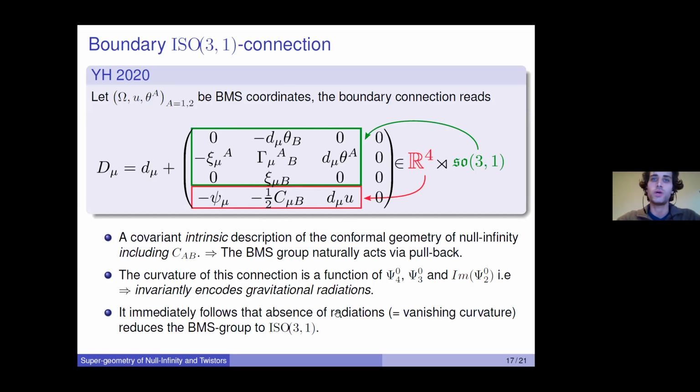So anytime you do not have radiation, so vanishing of curvature, it gives you an immediate reason why you're picking a Poincare group inside the BMS group, just because this Poincare connection is flat. By itself, I think it's quite a nice realization.